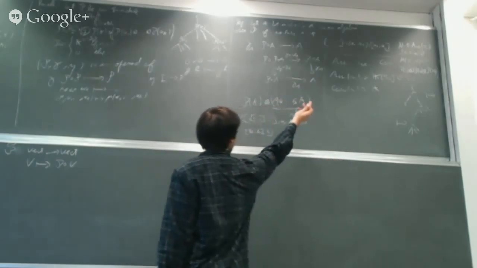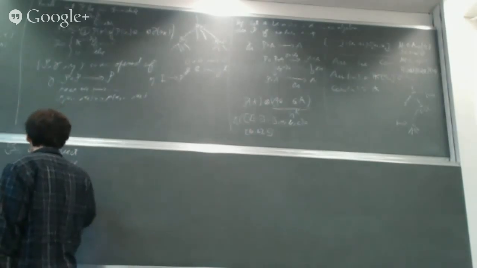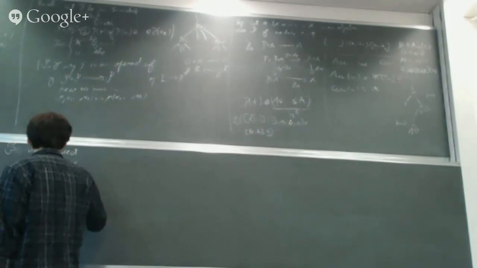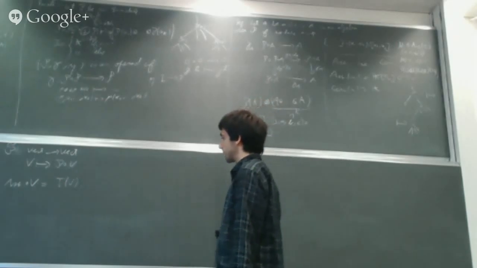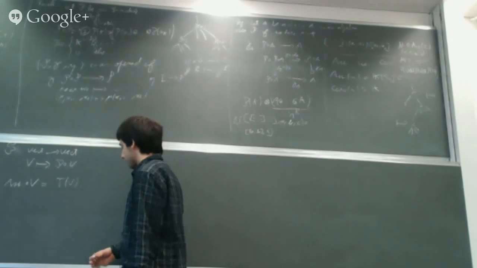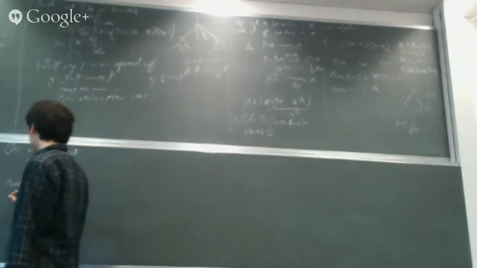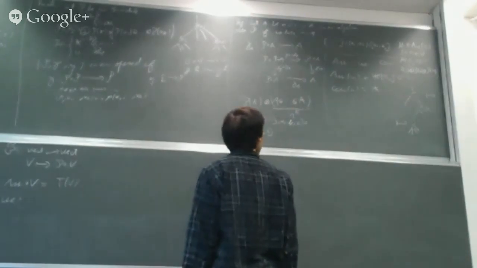So, for instance, if you take the associative operad on some vector space V, you get the tensor algebra of V. And like this, for instance, it's easier to describe the Lie operad.